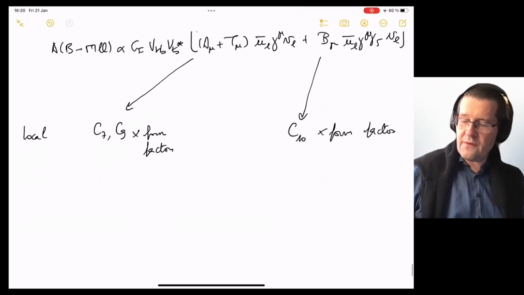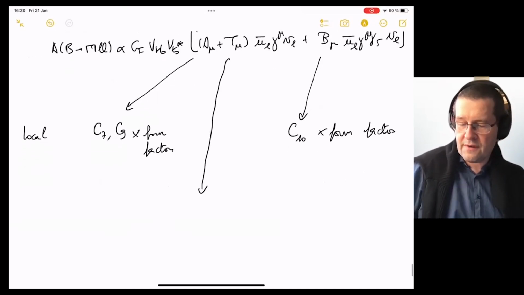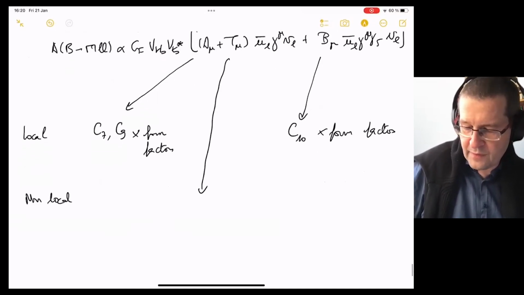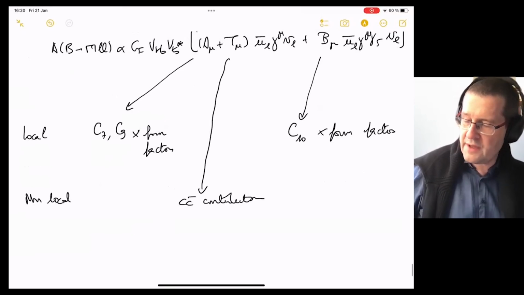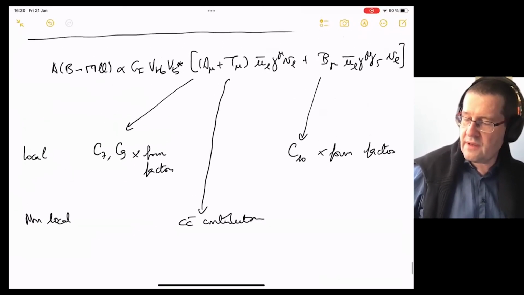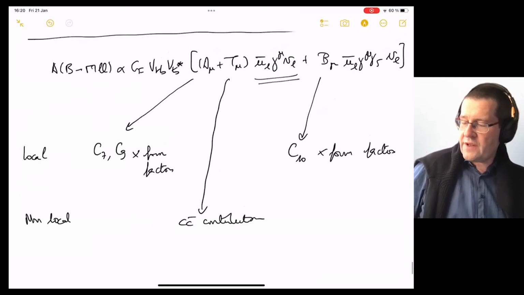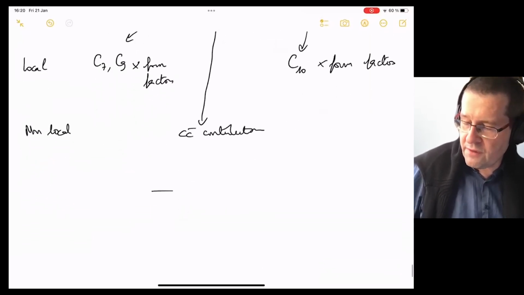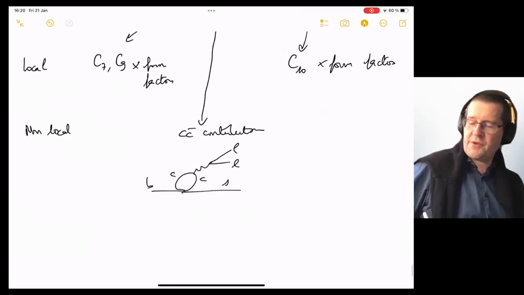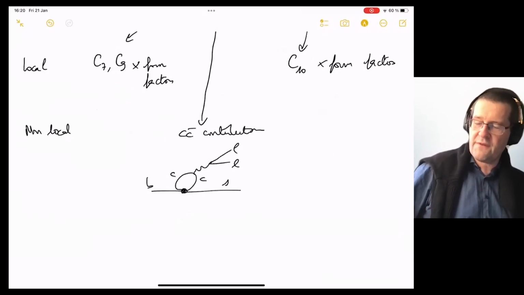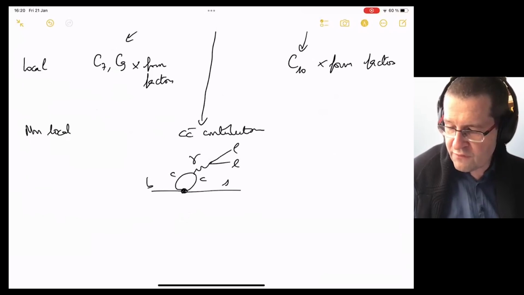But you do have also a contribution here, which is non-local, coming from c c-bar contributions. And the point is that this will affect only the vector contribution, because when you look at the c c-bar, the only remaining way of producing a lepton, since you've integrated out already everything that had to be integrated out, is through a photon.